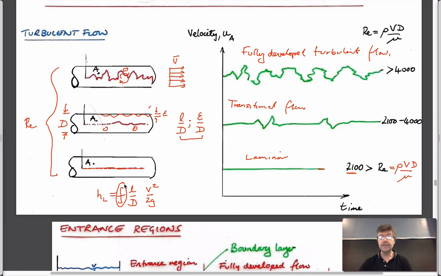The magnitude of this friction factor is controlled by whether it's flowing in these different regimes. It will be different in the laminar regime than it is in the fully turbulent regime.